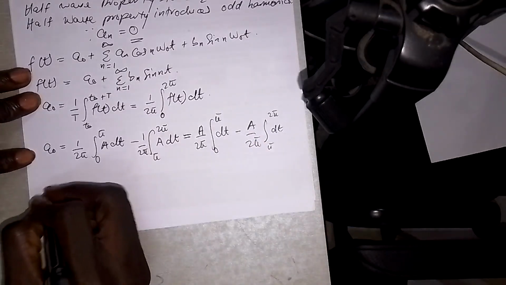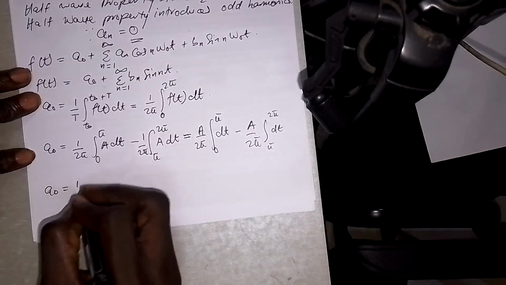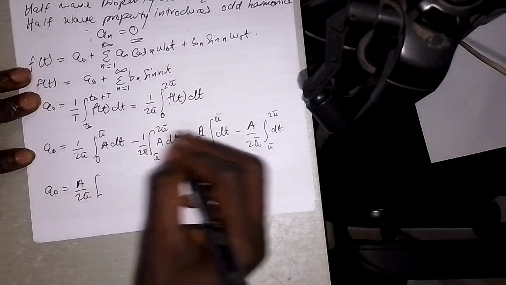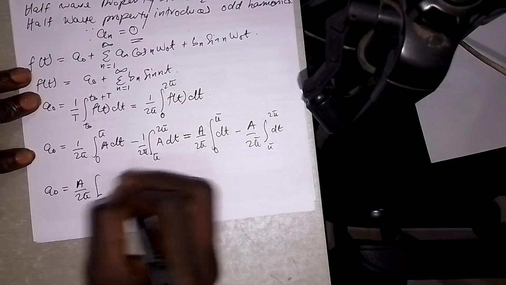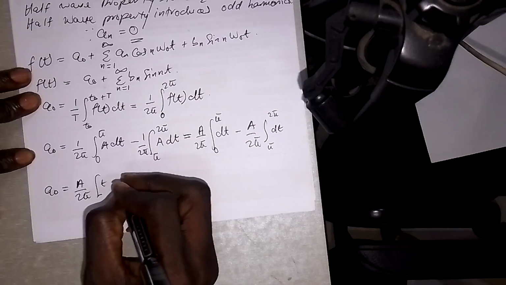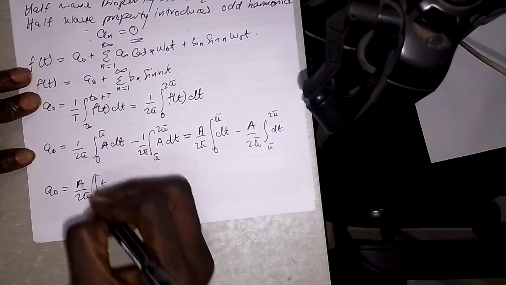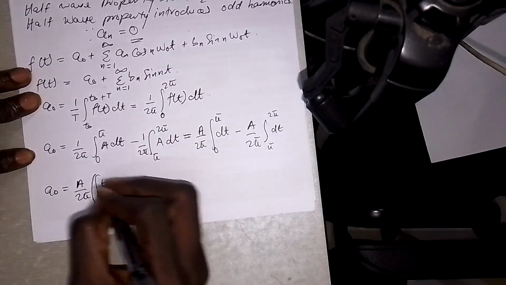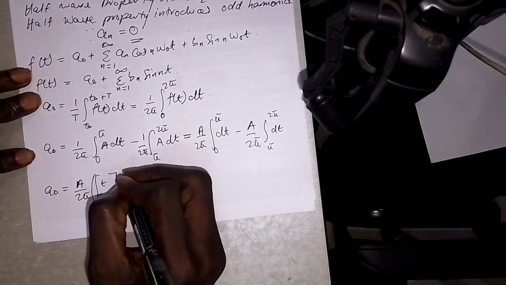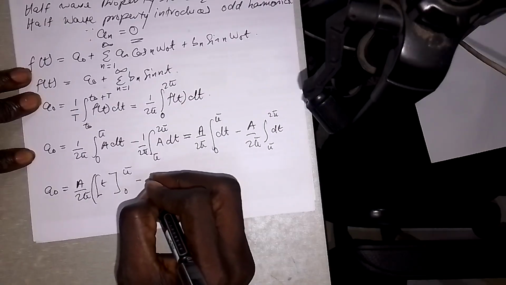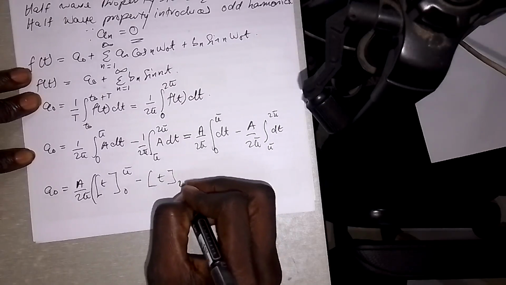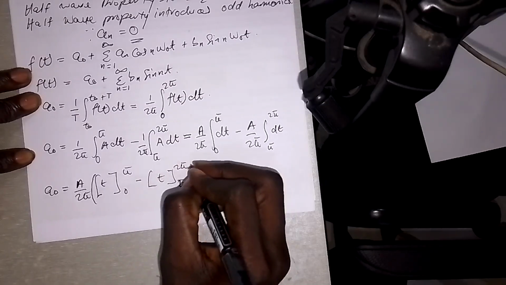So now here A naught is equals to A over 2 pi. If you integrate 1, you get t. I can take A over 2 pi out because it's common. Into here, 0 to pi of t, minus another t from pi to 2 pi.